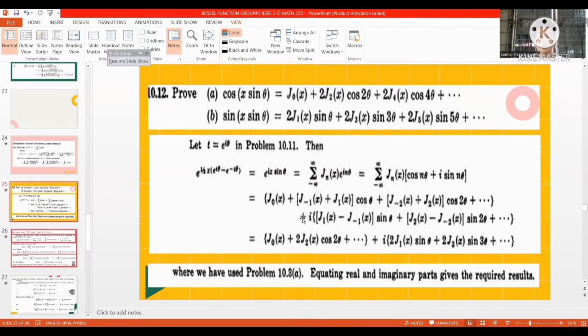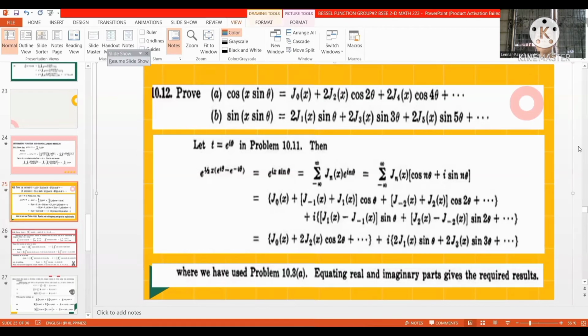And the next is plus i[(J_1(x) − J_{-1}(x)) sin θ + (J_2(x) − J_{-2}(x)) sin 2θ], and so on.